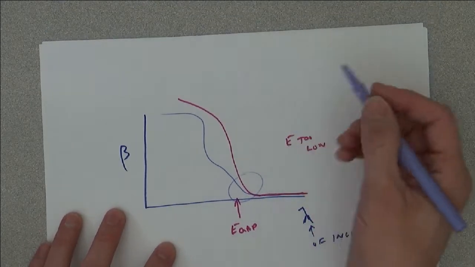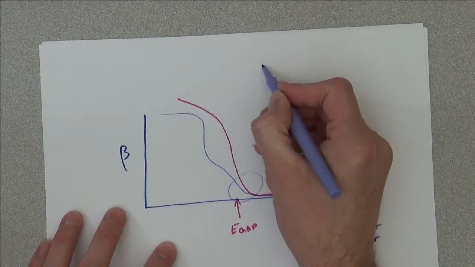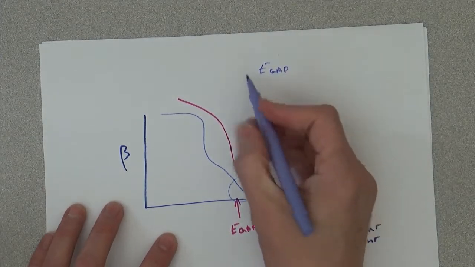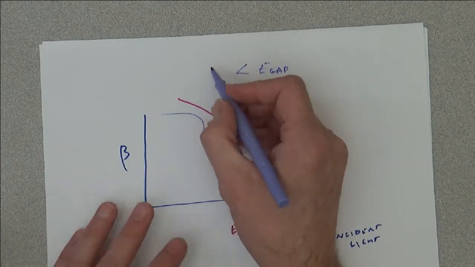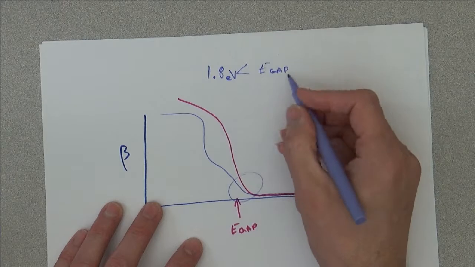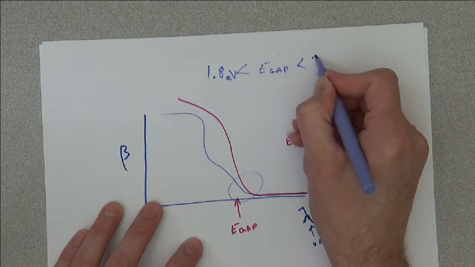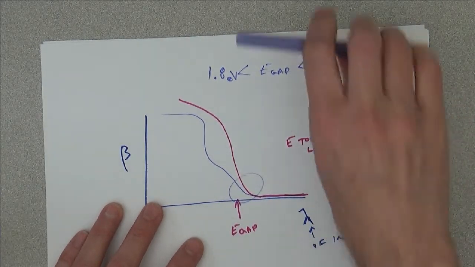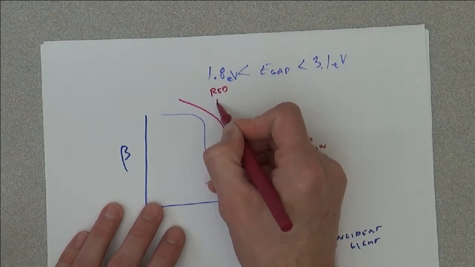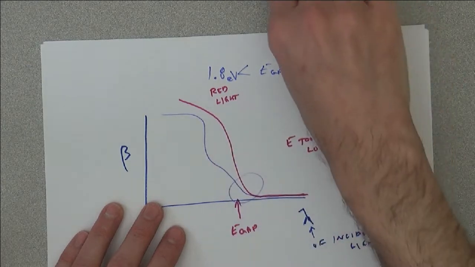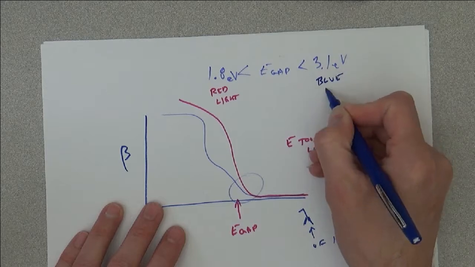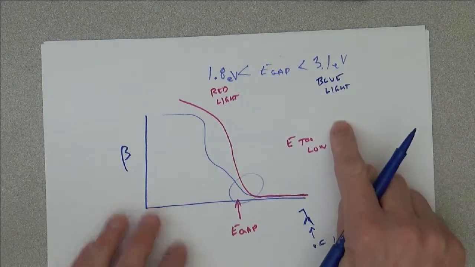So for example, the gap of a semiconductor can range anywhere from 1 electron volt, or I'm going to call this 1.8 here, up to 3.1 eV, and this corresponds to red light, and this corresponds to blue light.